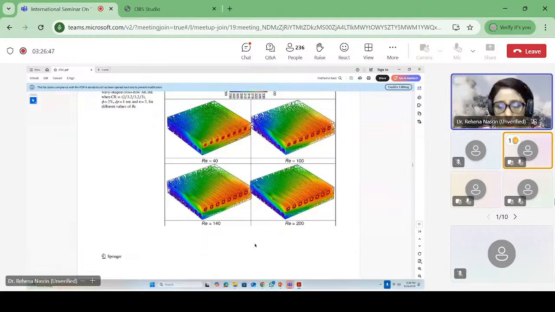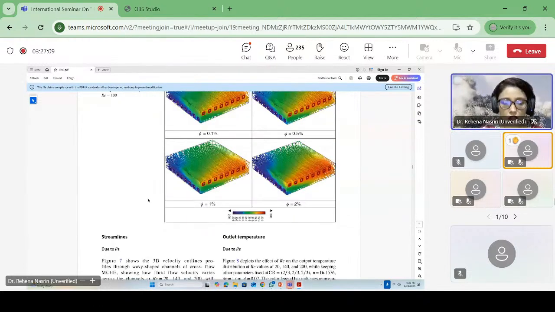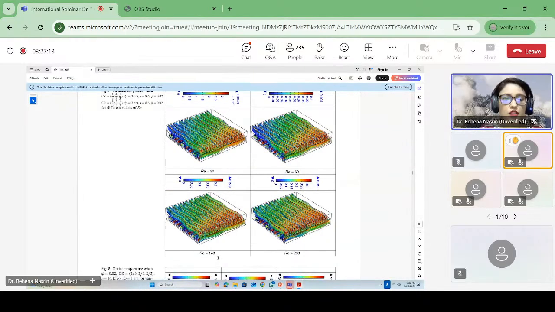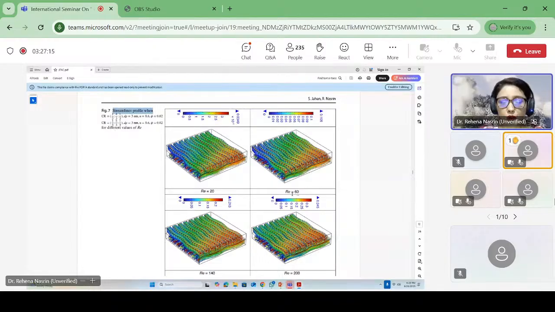And after 2000 Reynolds number, it is the transitional period from laminar flow to turbulent flow. Below that Reynolds number, these fluids are laminar flow. So these are the pressure distribution, streamline profile.